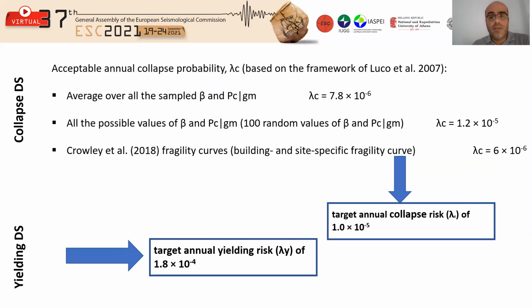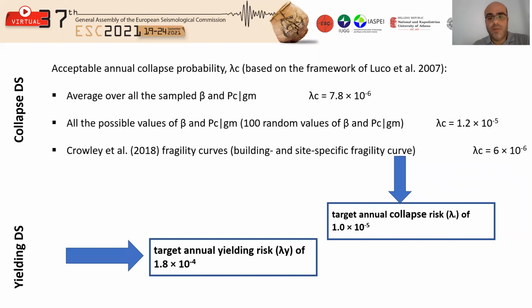Once again, to consider all uncertainties due to the building to building variability, all the possible values of beta and probability of collapse for a given ground motion were extracted from the multivariate normal distribution. And in the third option, for every site, the corresponding values of beta and probability of collapse for a given ground motion were estimated according to the Crowley fragility curves.